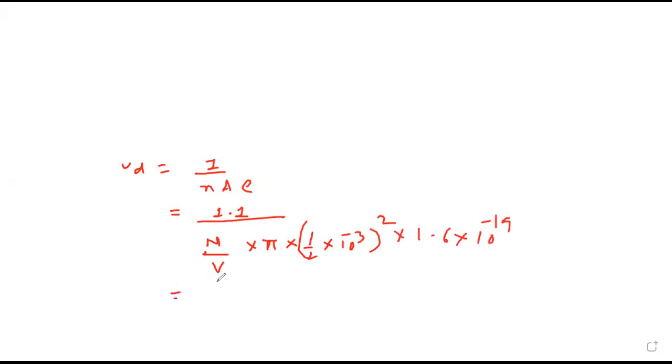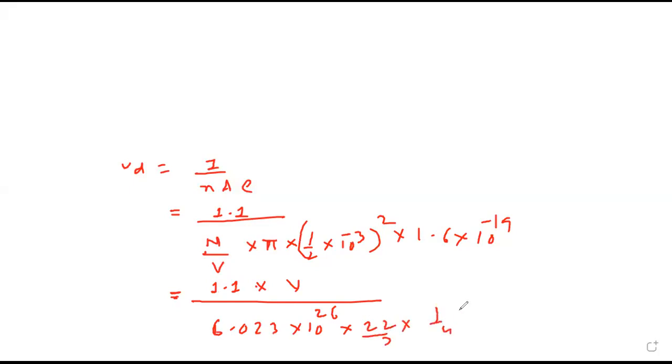Number of atoms present per unit volume. Volume is not known. Volume is mass upon density, right? Now the volume part please. What is volume? Mass upon density.